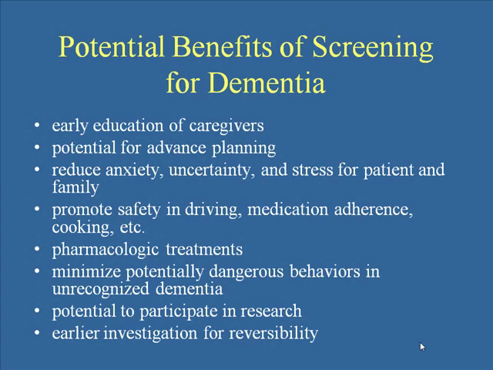And then, of course, the issue of early investigation for reversibility. So recognizing that there is cognitive loss, identifying reversible illnesses that could be treated before the problem with cognition should progress to a point where additional harm should take place.